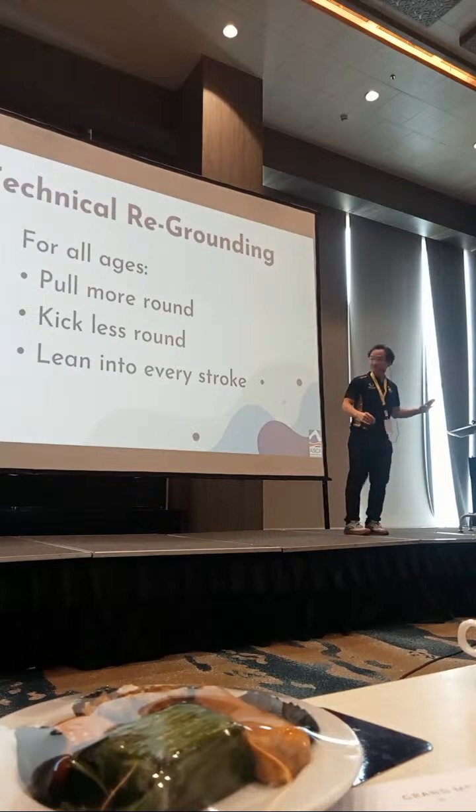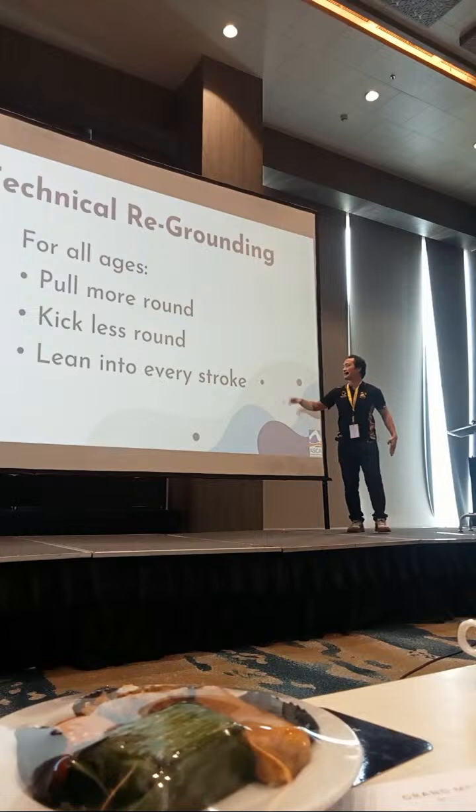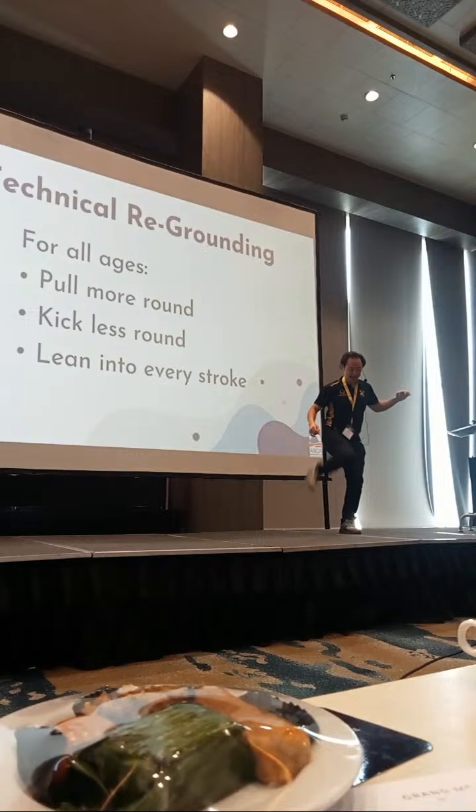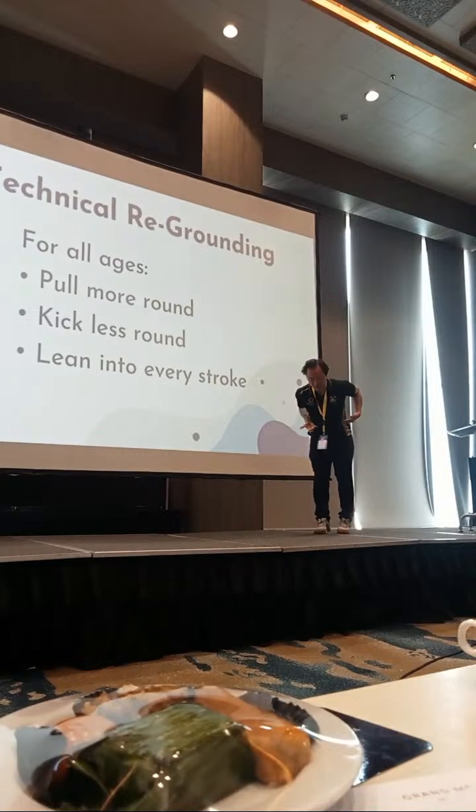So kicking more straight back, pulling more round, not pulling straight back, and leaning into every stroke. Leaning forward, not letting yourself come up. So pulling more round, not pulling straight back, kicking less round, not kicking around, and leaning forward, not coming up.